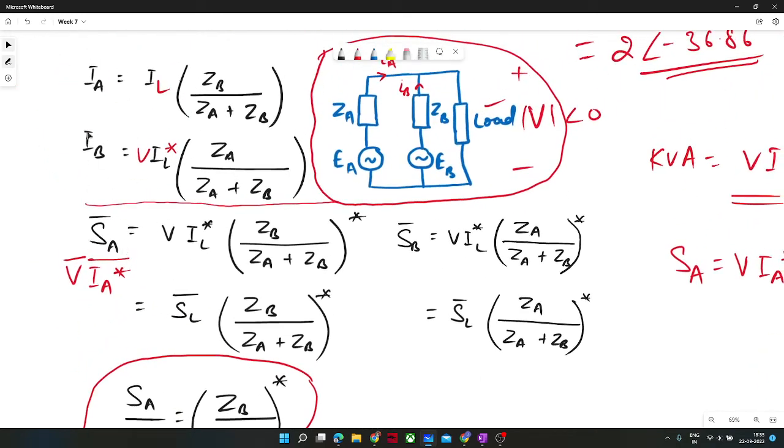Let's say, how much KVA rating was catered by transformer 1? I have taken V into IA conjugate. That should be equal to V into IA conjugate. I have calculated IA here; I can easily take IA conjugate by multiplying the conjugate to all other terms.